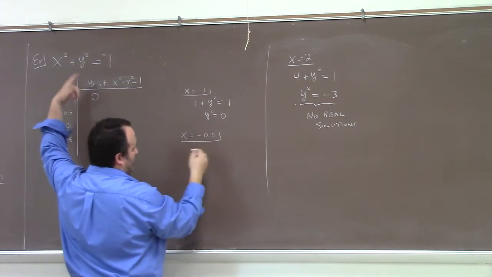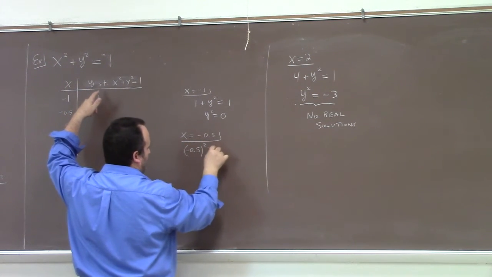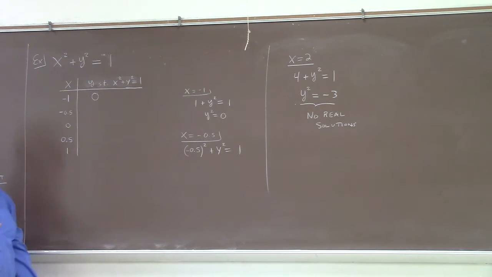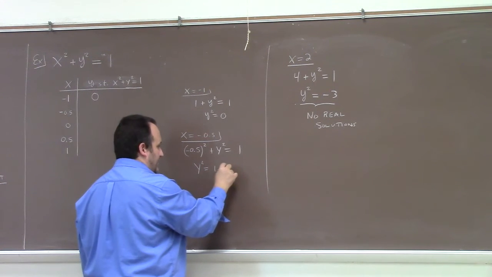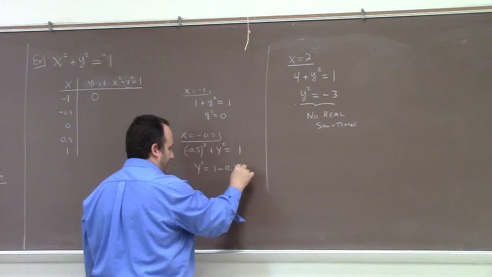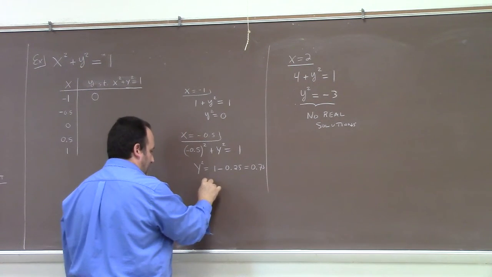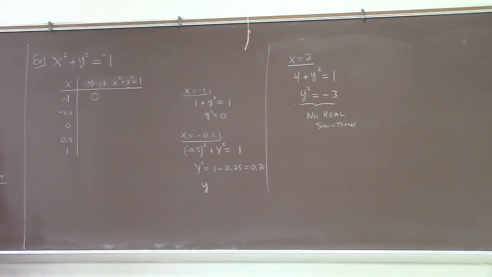What happens when we plug in minus 0.5? Minus 0.5 squared plus y squared equals 1, right? So that's y squared equals 1 minus 0.25, which is 0.75. So how can we have y squared equal to 0.75? That means that y is plus or minus the square root of 0.75.